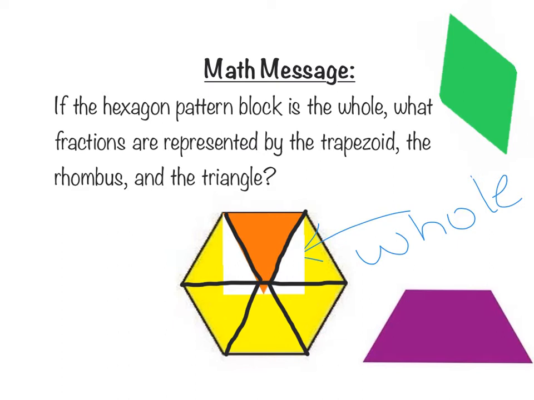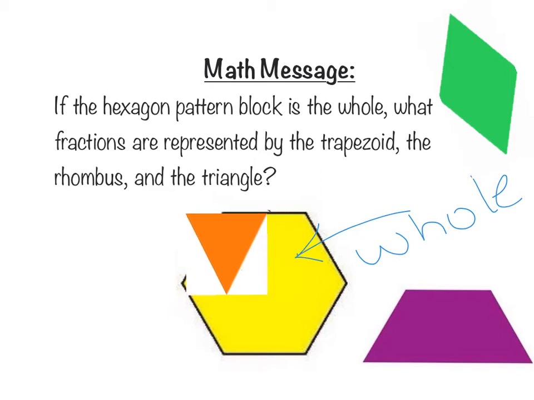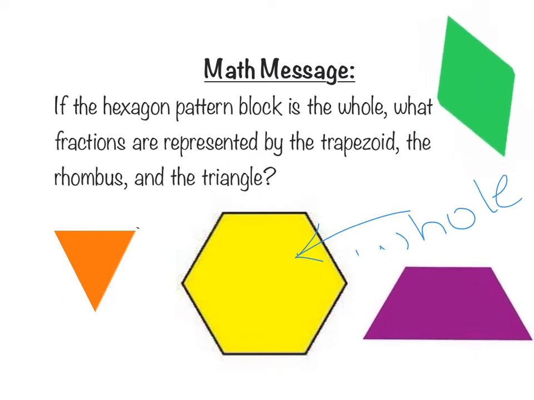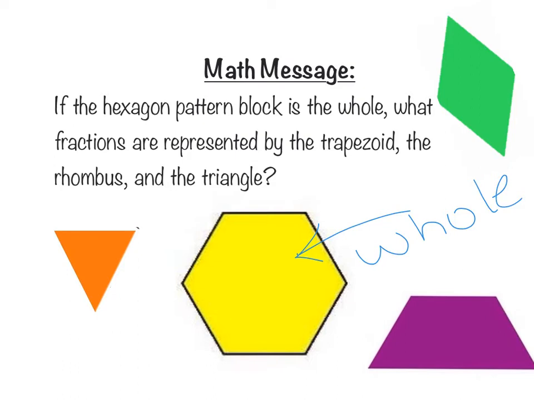So that one triangle would be 1/6 of that hexagon. So I'm going to take those off of there. So the triangle itself would be 1/6. Our rhombus was 1/3. And our trapezoid was 1/2.